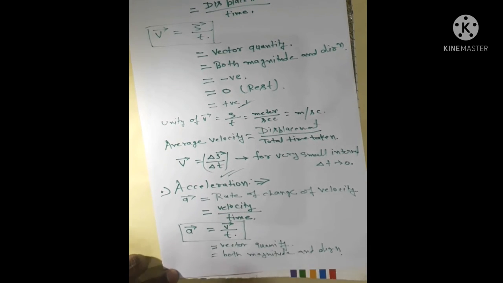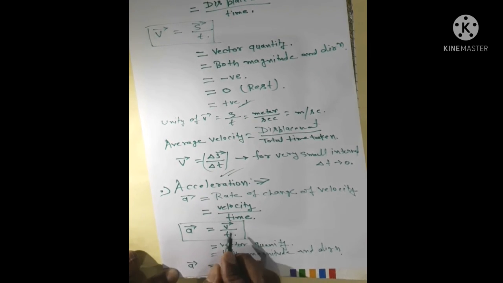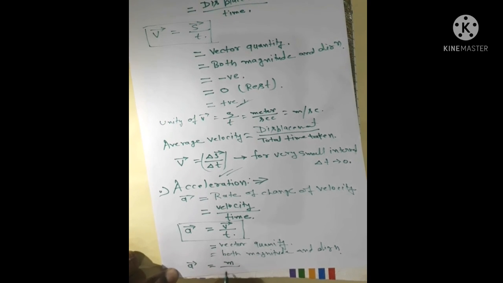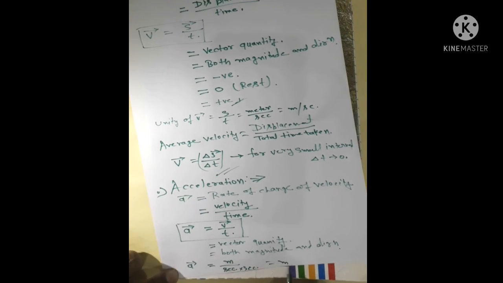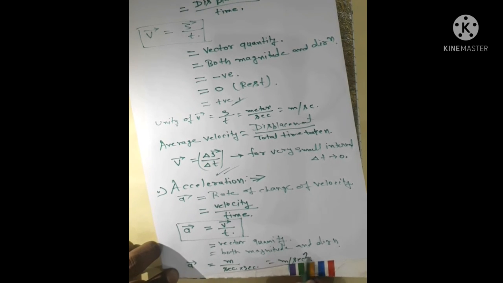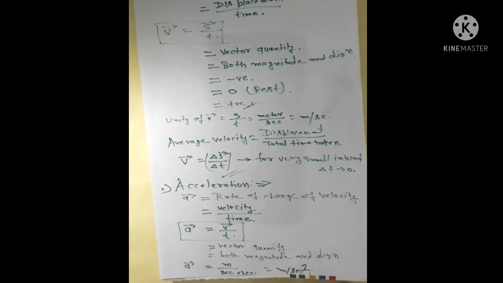Its unit is velocity by time. वेलोसिटी का यूनिट होता है meter per second, so meter per second divided by time in second. So its unit is meter per second square. Unit of acceleration is meter per second square.